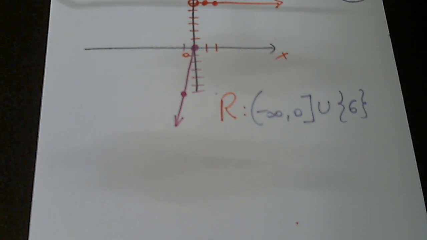It can be described by... The range has at least one isolated value. It can be described by the union of intervals and the set of 6. But it says union of the interval. I don't like that.